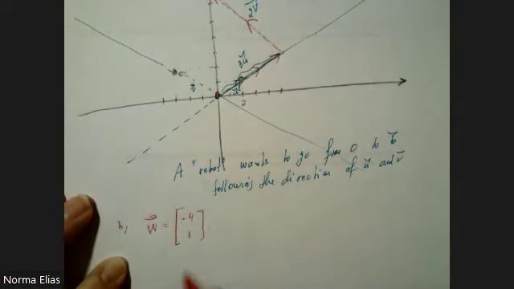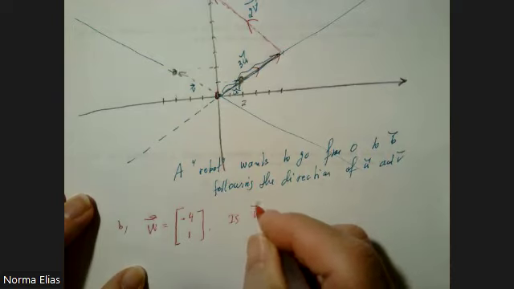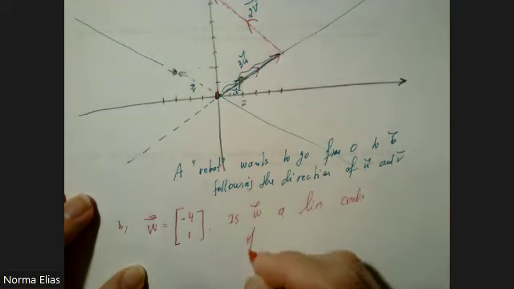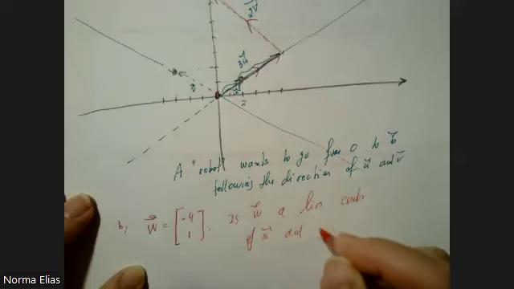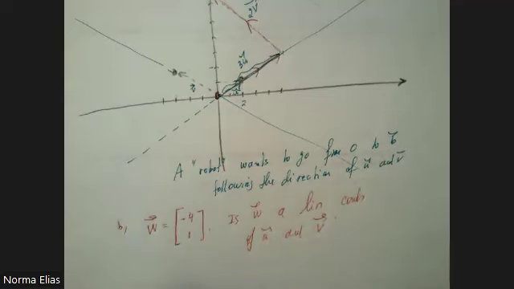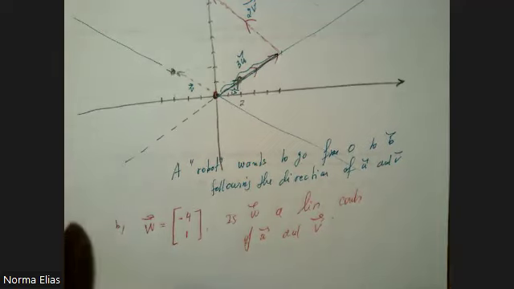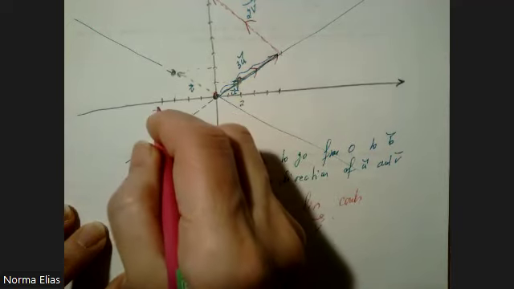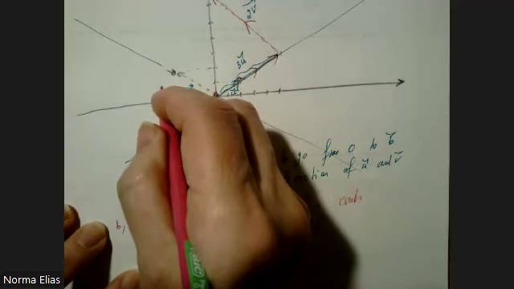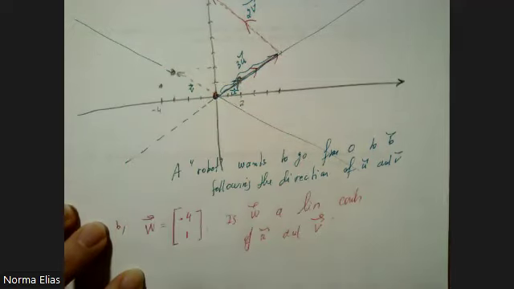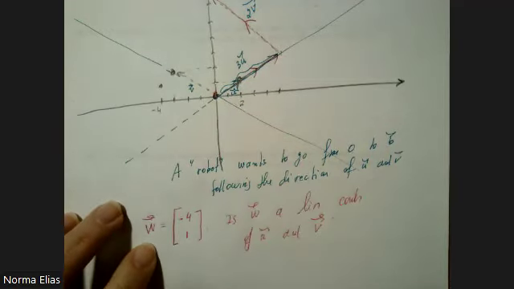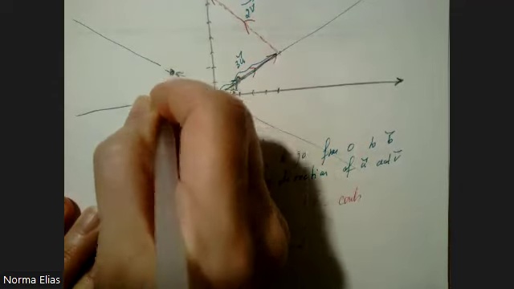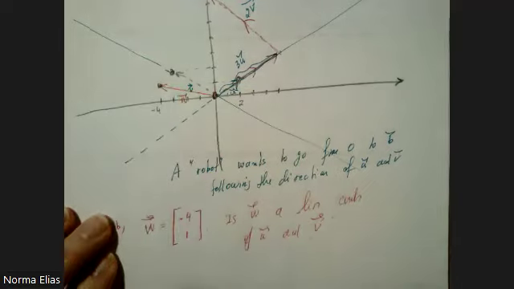And the question, geometrically, is W a linear combination of U and V? Geometric, I don't want the algebra. What do you think? First, let me draw the vector -4, 1, that's a -4, 1, that's 1 right here. And my vector, let me use the red for it. So this is the vector right here. Okay, that's my W.